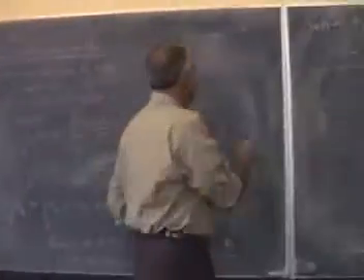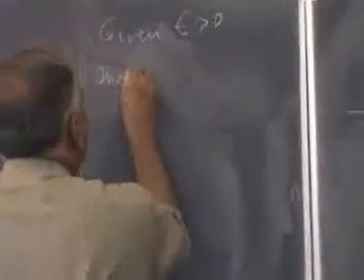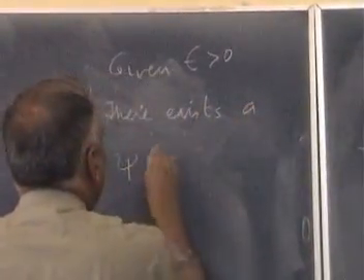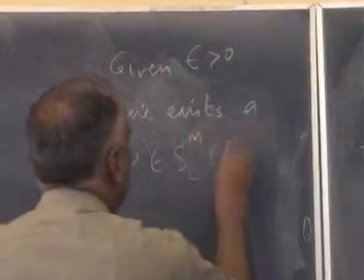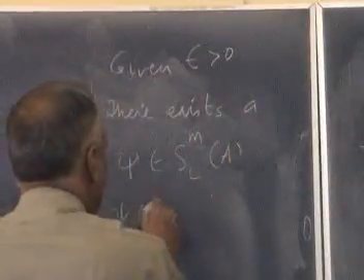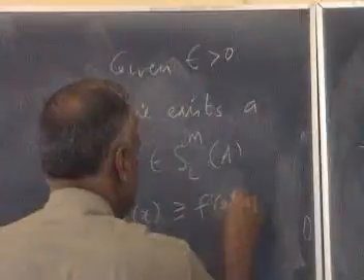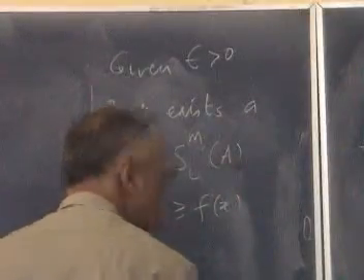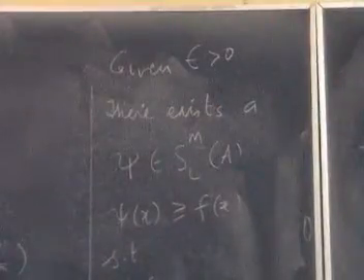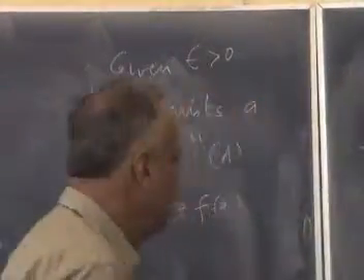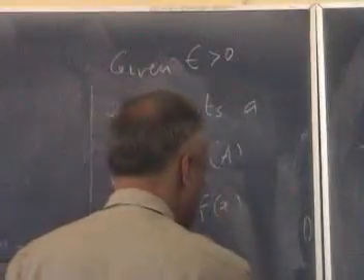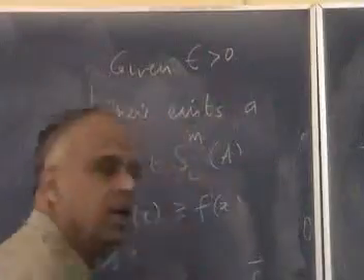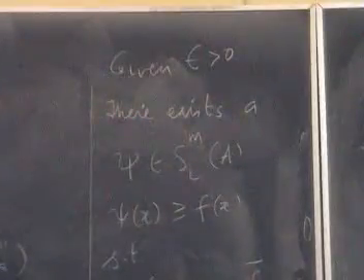So therefore, there exists a simple measurable function psi x greater than or equal to f x, such that the integral of psi will come to the left of the upper integral of f plus epsilon by 2. Right?